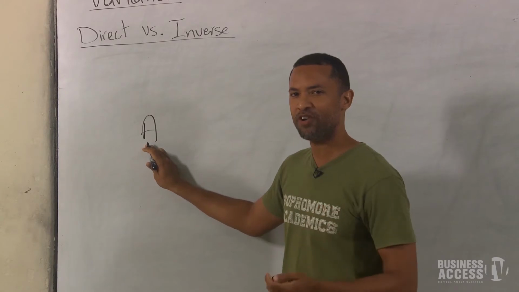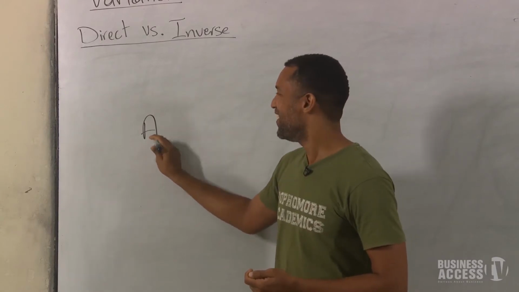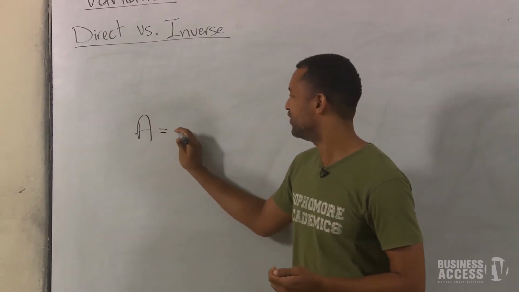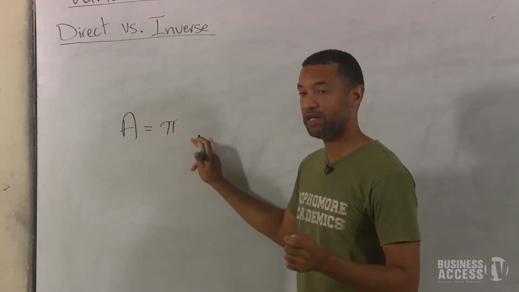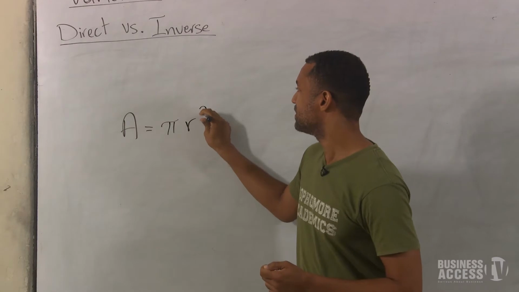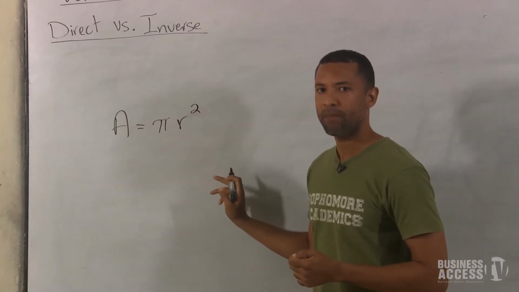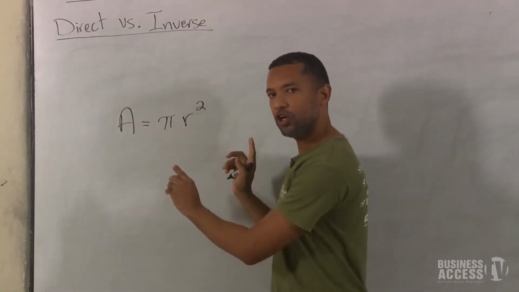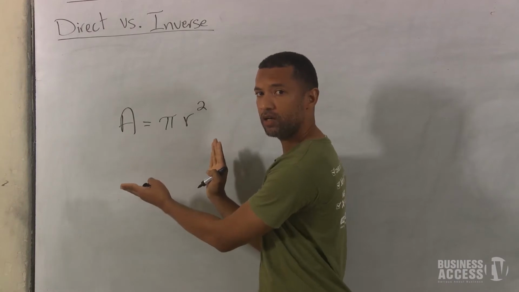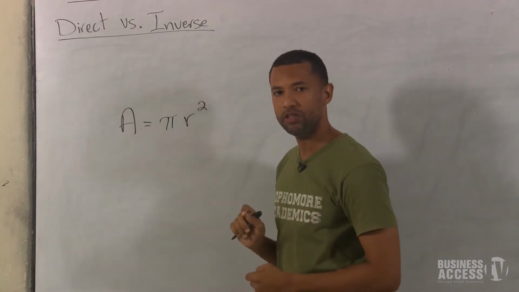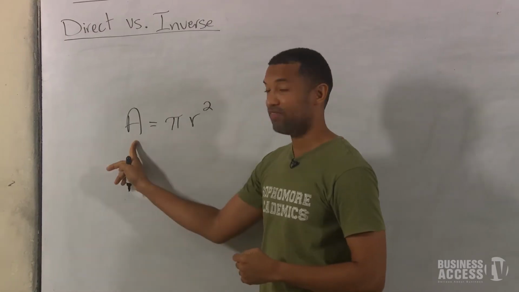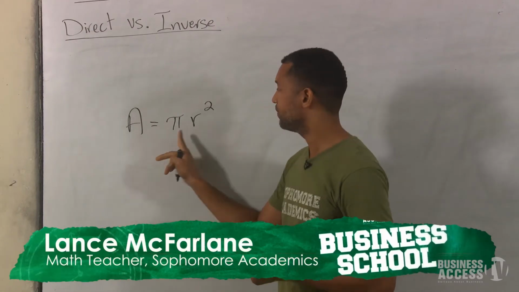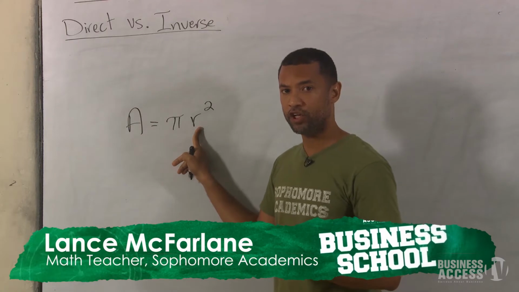You know the formula: the area of a circle is equal to pi times r squared. Looking at this equation, how many variables do we have? We have two variables: the area of the circle and the radius of the circle.